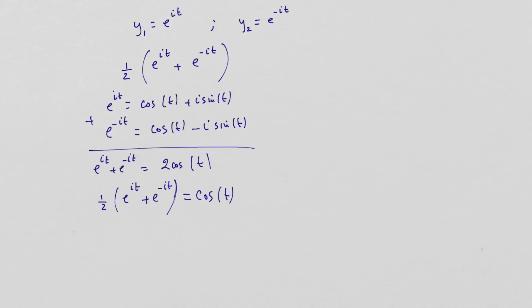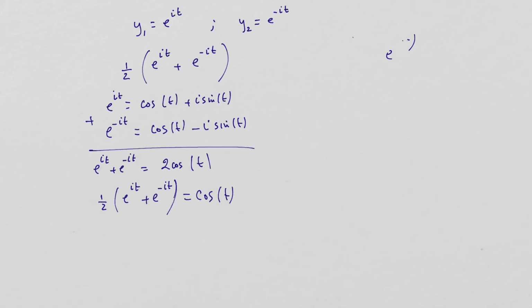I could do the same thing to get the sine t, but this time I am going to take C1 to be half i and C2 to be negative e to the it. Let me slow down here.